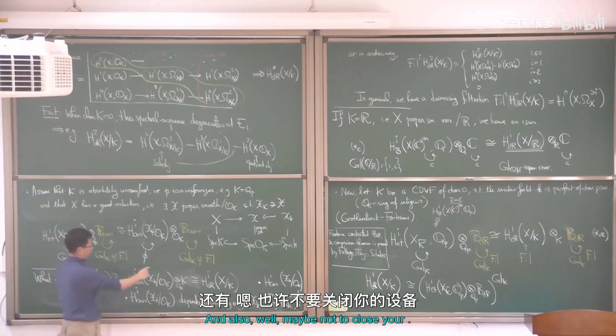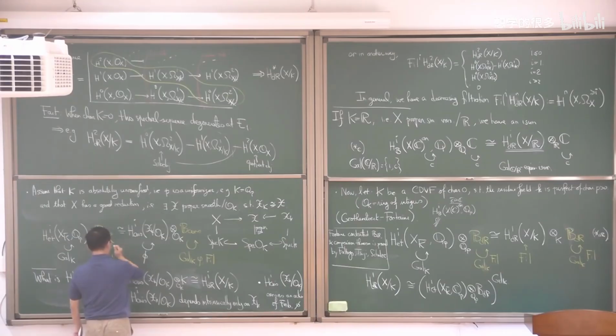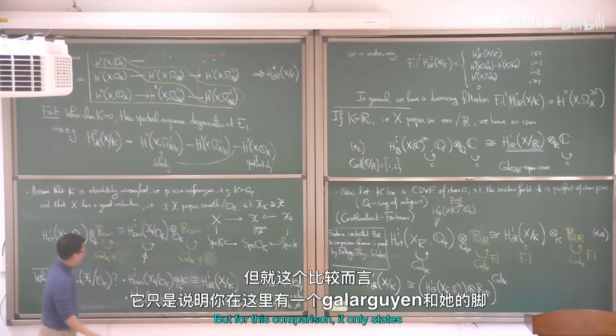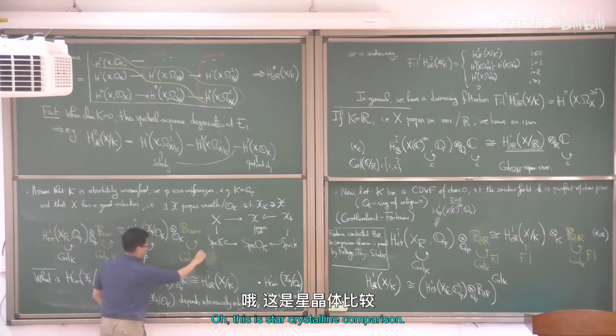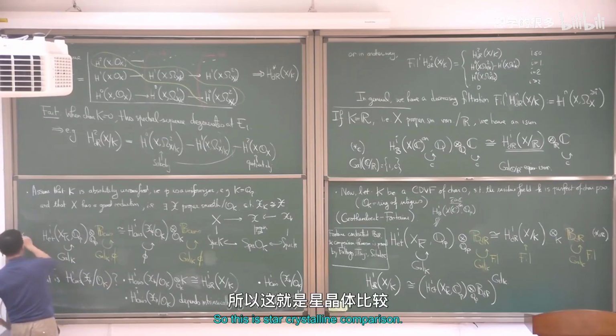And also, we will not talk about filtration here. In fact, we will have a filtration inherited from B de Rham, but for this comparison, it only states that you have a Galois group and a phi here. Phi is safe. So this is the crystalline comparison.